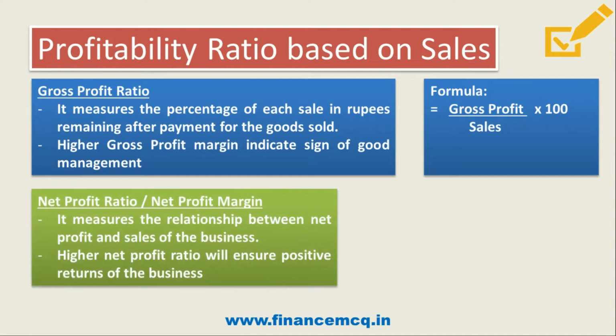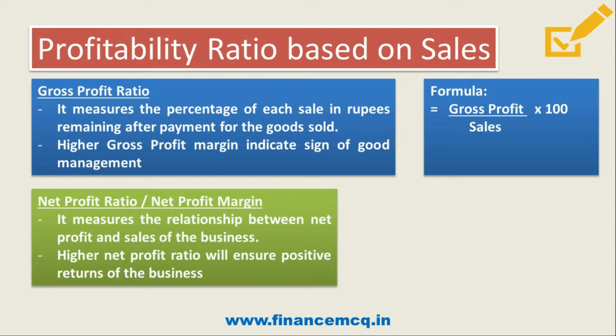And the next type of ratio is net profit ratio or net profit margin. Friends, this ratio measures the relationship between net profit and sales of the business. And friends, a higher net profit ratio will ensure positive returns for the business. That is, the firm is earning positive returns if they have a good net profit ratio.